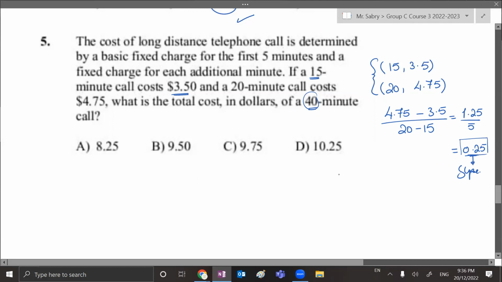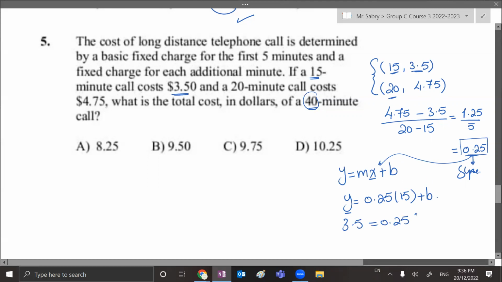So I can say the equation is y equals mx plus b, and I'm going to substitute the slope here, so y equals 0.25, and instead of the x, I'll substitute any of those x's. Let's say the 15. I leave the b as it is, and instead of the y, I substitute this y value, 3.5. So now I have an equation that I can solve and find the value of b.